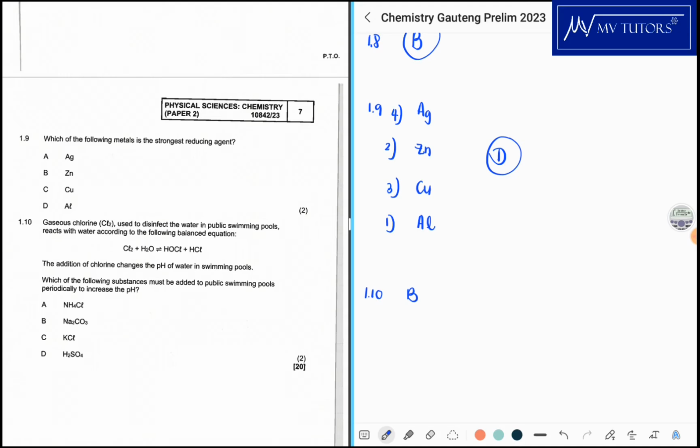HCl is quite strong, but that's the base that we have. Potassium chloride is more of a salt, so it's more neutral rather than being a base or an acid. The only base that we really have is B here. So B would be the correct answer that we go with, and that would conclude question 1.